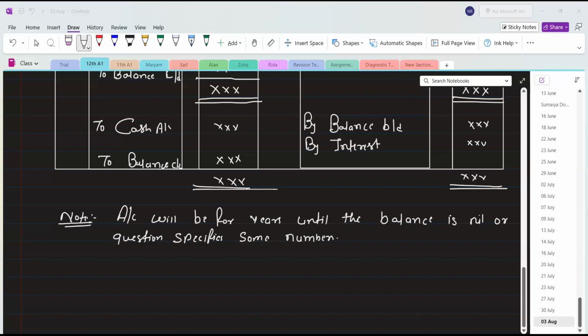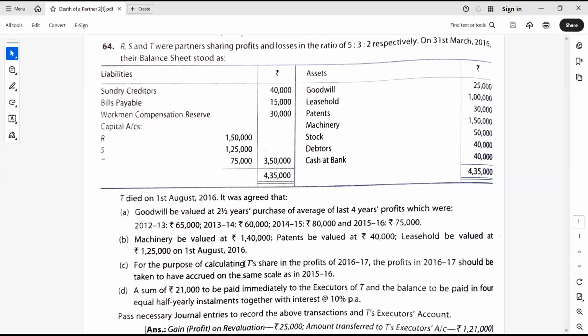Okay. I have shared this question before also. This question number 64. Can you see the question? Yes, sir. So we have solved this question or discussed sometime.